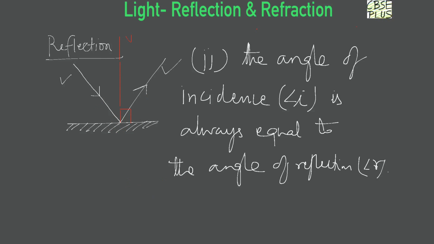The second rule is that the angle of incidence, angle I, is always equal to the angle of reflection.